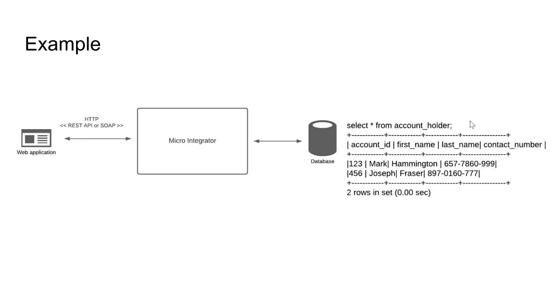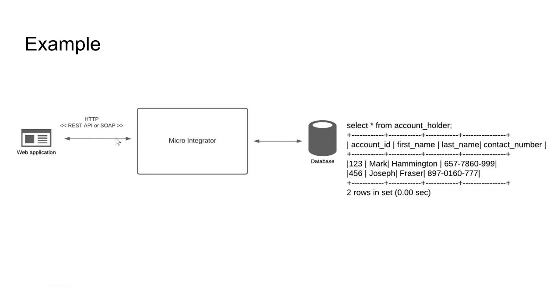We will go through and create a database within MySQL, and we'll have a table named account holder, and under that you will have a few columns including account ID, first name, last name, and contact number, and so forth. We'll have a few sample rows within that database. Then we will use integration studio to create the data service logic, and we will deploy that data service logic to fetch these details given a REST API is sending, let's say, the account ID.